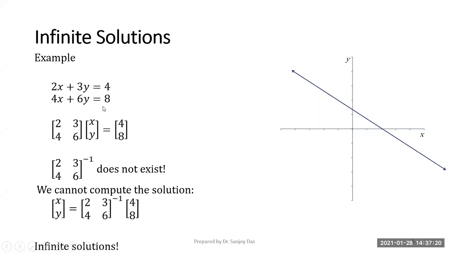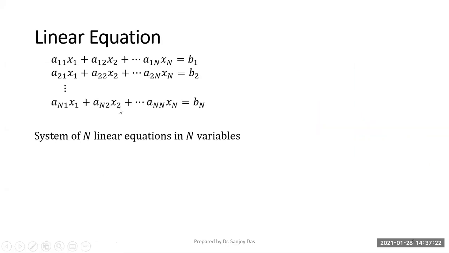Let's delve into this a little further. So in general, this is what we have. We have n equations in n variables, x1 through xn. So we have a system of n linear equations in n variables.